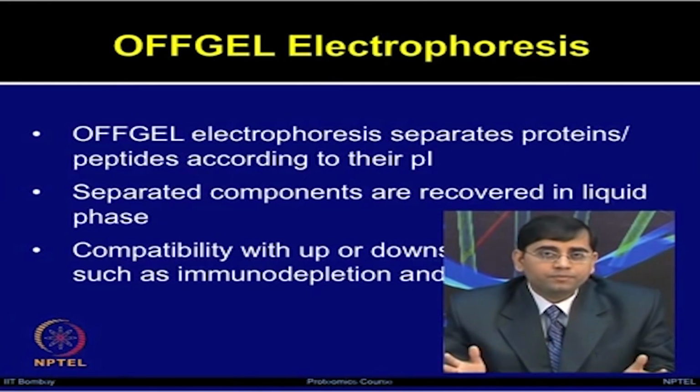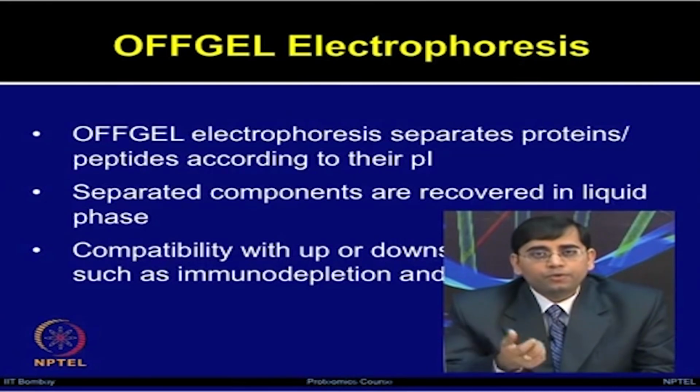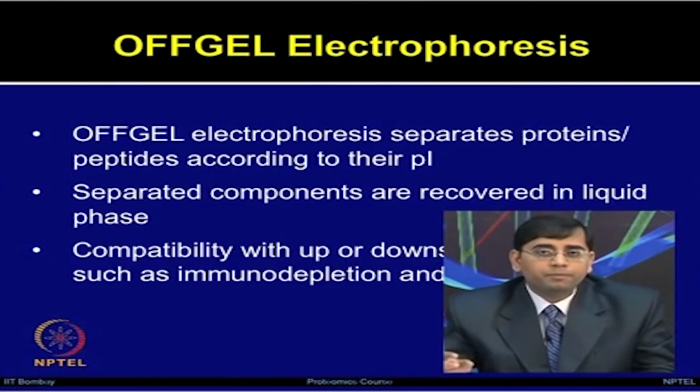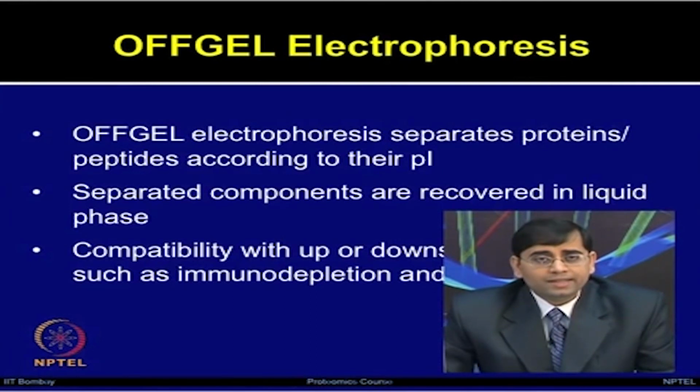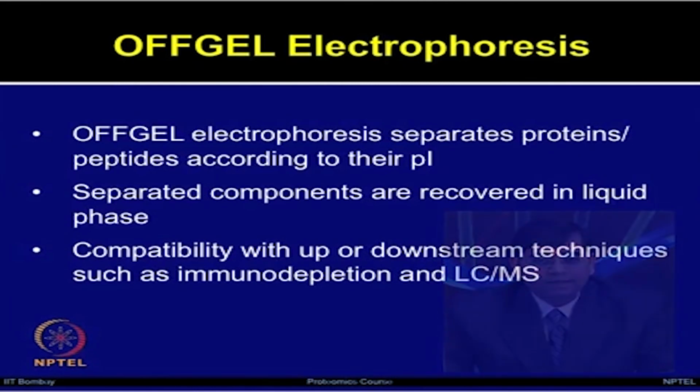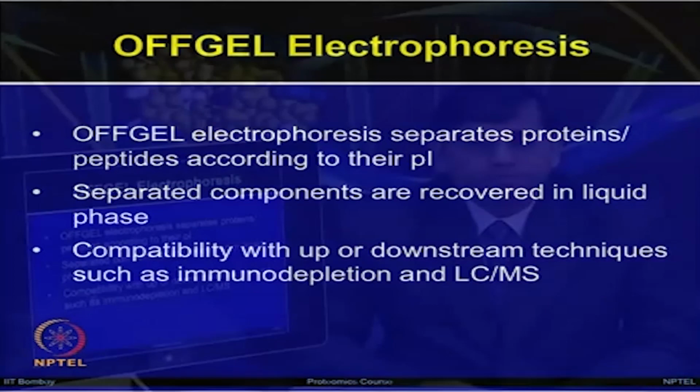While the IEF has finished, your protein samples are already present in the liquid phase, and you can remove aliquots in the different pH ranges, so that you have the proteins separated based on the pI values in the liquid phase itself. This method is very compatible for further downstream processing in LC-MS or doing immunoprecipitation.